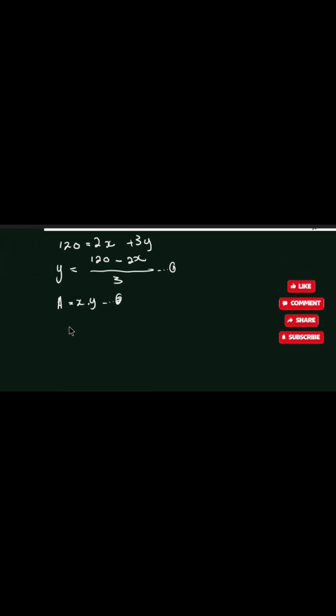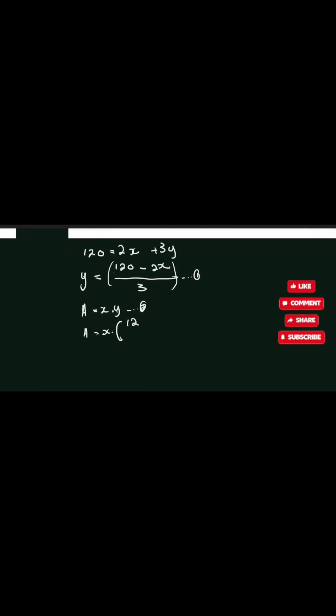So we're going to substitute equation 1 into equation 2, and then we know that y is equal to this. So we're going to substitute that: 120 minus 2x all over 3.